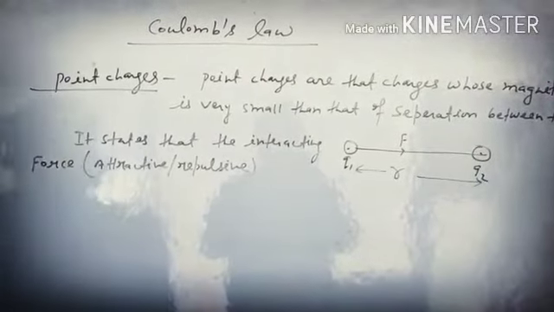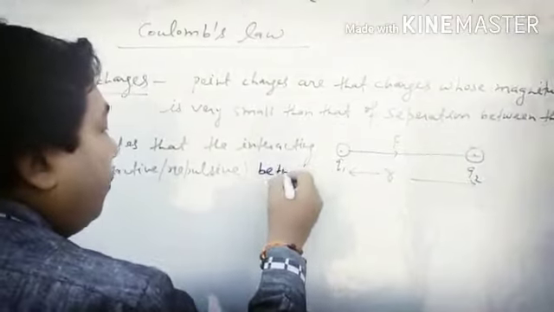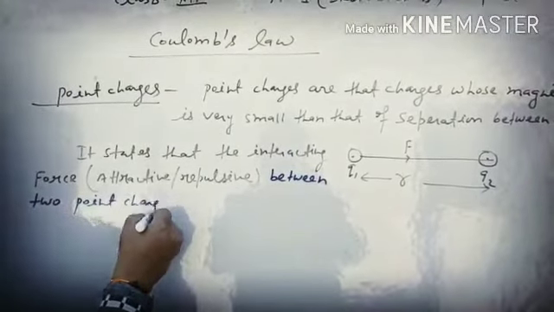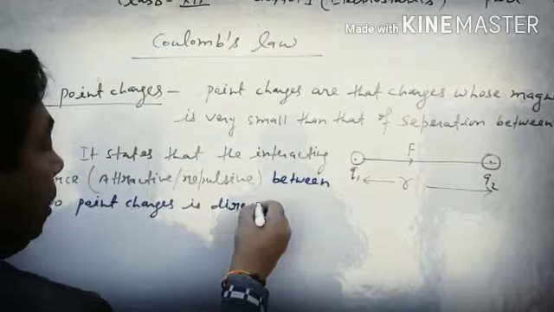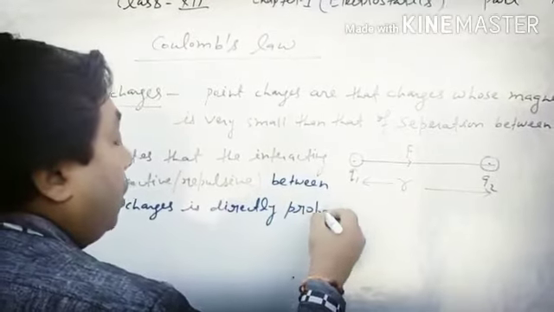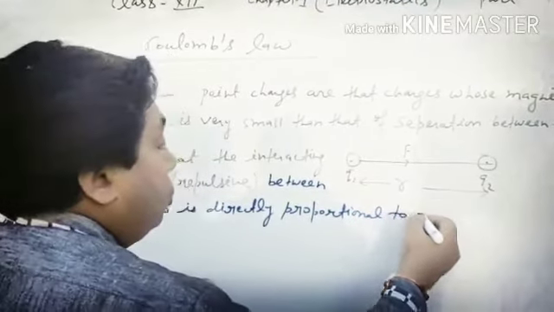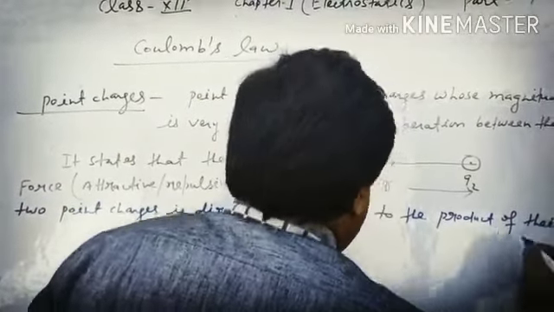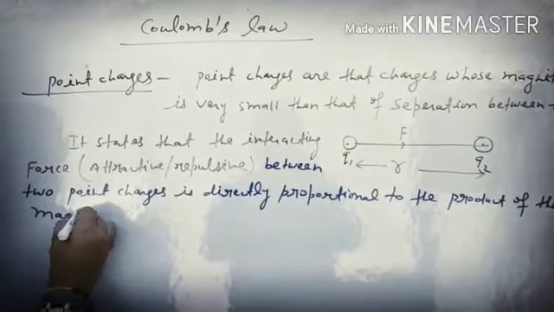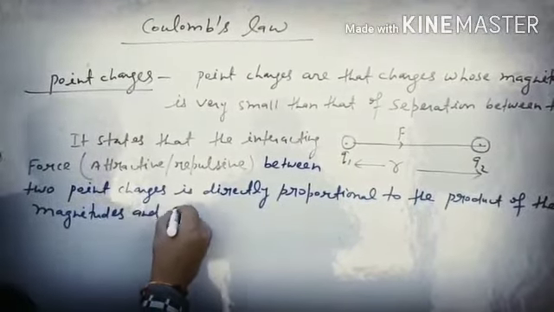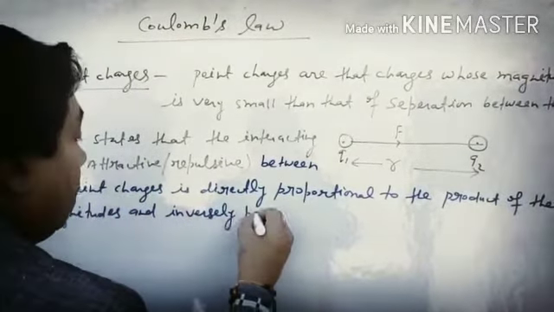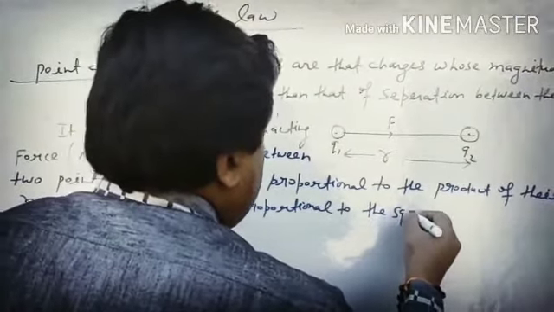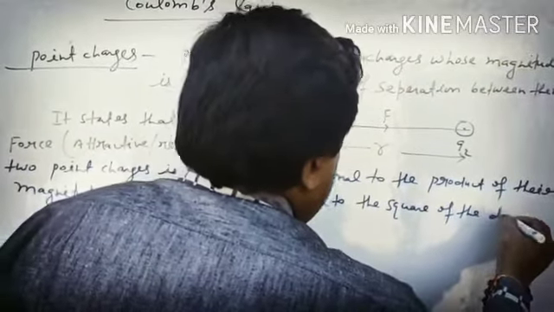The interacting force between 2 point charges is directly proportional to the product of their magnitudes and inversely proportional to the square of the distance between them.